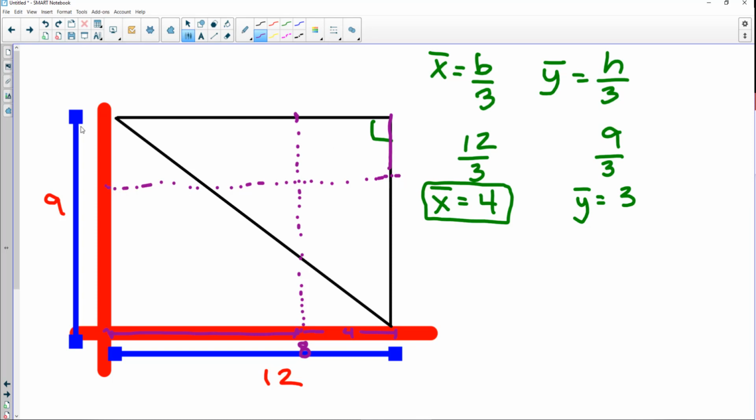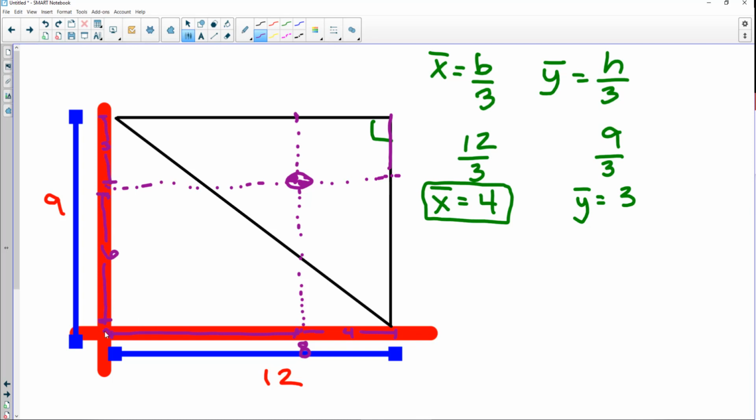Okay, and so basically, if this is 3 and this is 6, what are the coordinates of my centroid? If here's my centroid, the balancing point of that triangle, what are the x and y coordinates?